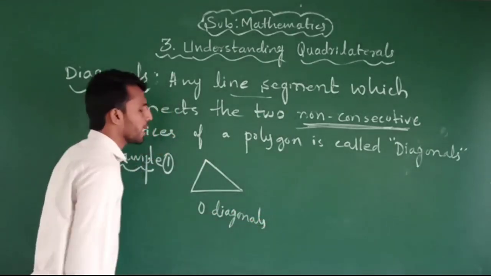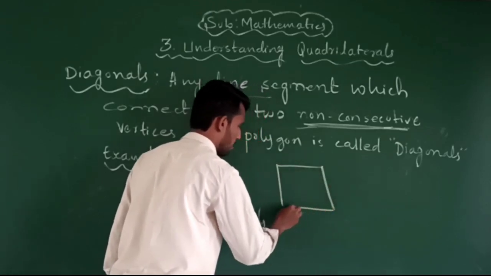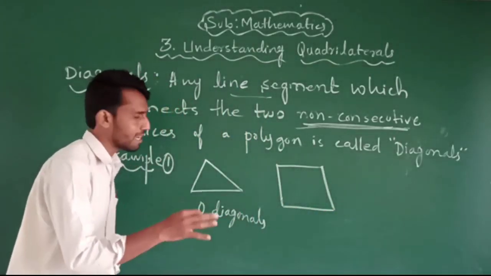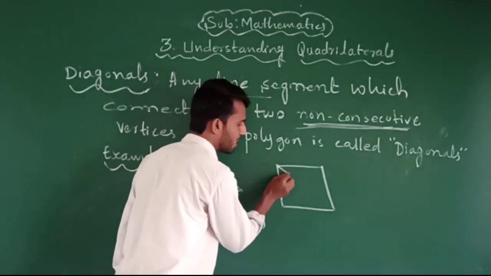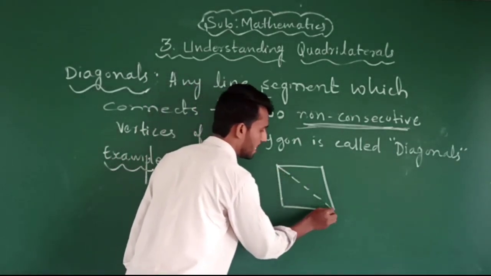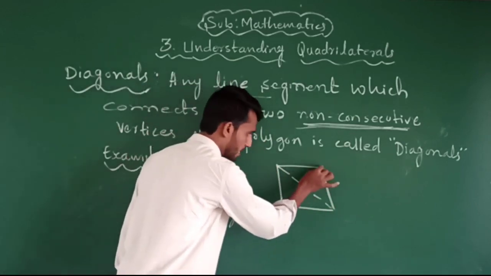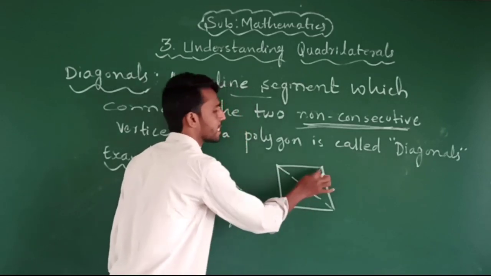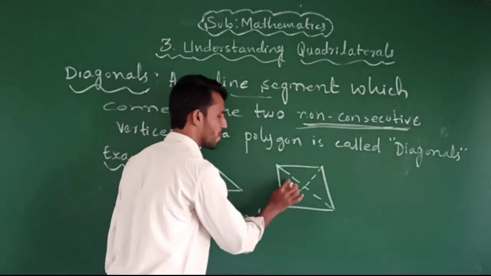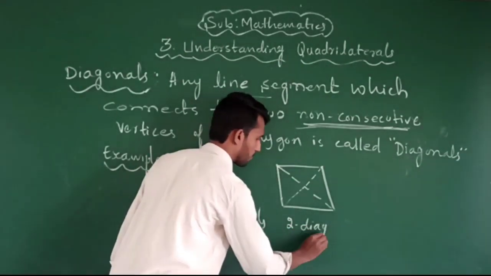Okay. If you draw a square, this is also one of the quadrilaterals. Here, non-consecutive means when you draw like this, these two are non-consecutive vertices. Here also, these two are non-consecutive vertices. So we are getting two diagonals in the square.